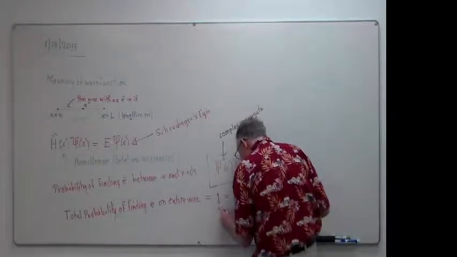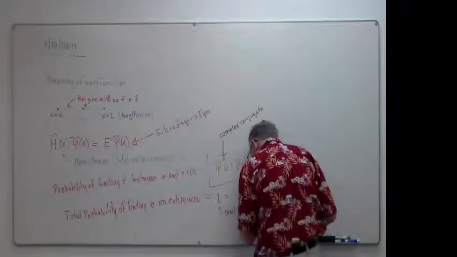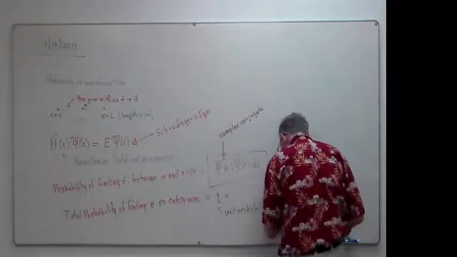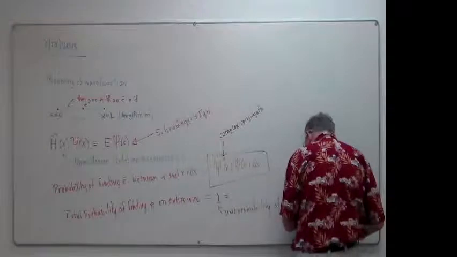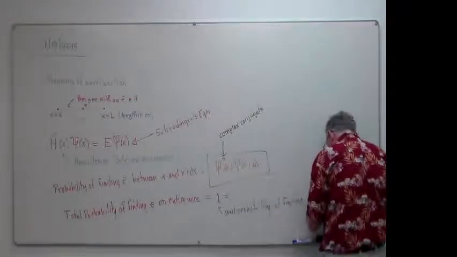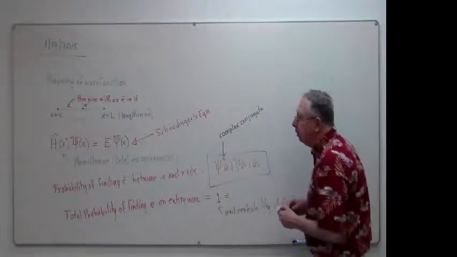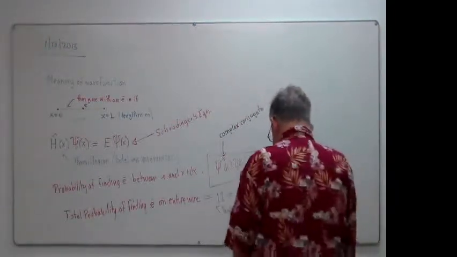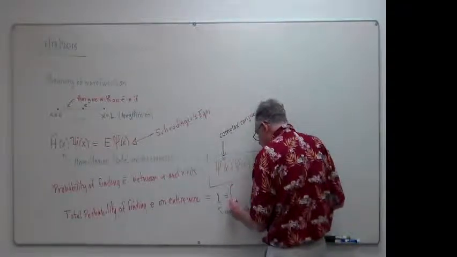That says there's unit probability of finding our electron on the wire. It's got to be there somewhere between 0 and L in our example. And so we would sum up the probabilities.